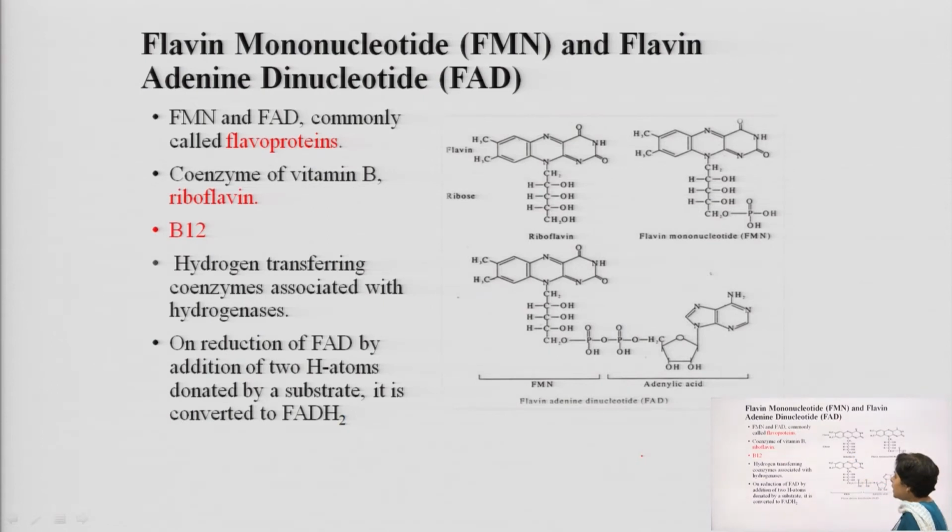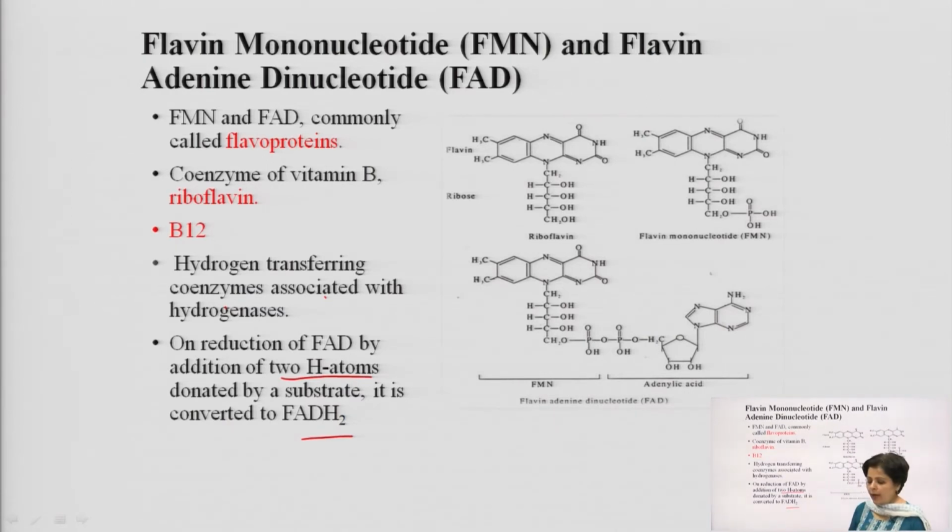Riboflavin, the hydrogen transferring coenzyme associated with the dehydrogenase. On reduction of FAD by addition of 2 hydrogen atoms donated by the substrate, it is converted to FADH2, right?